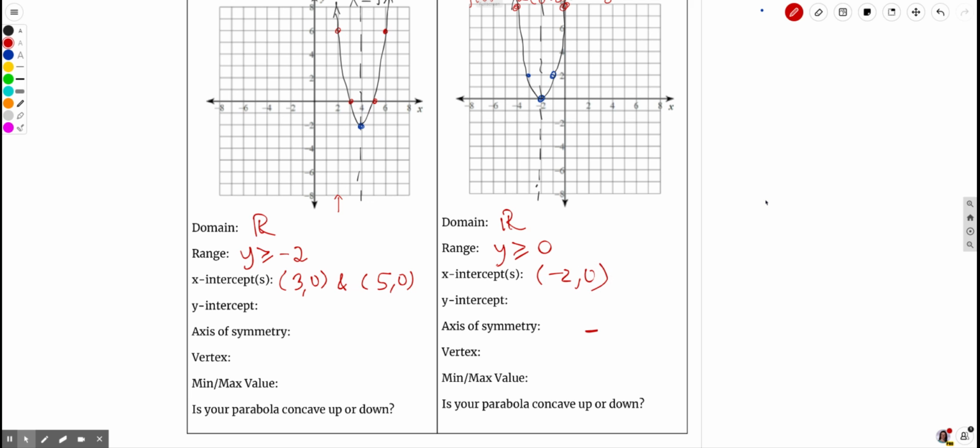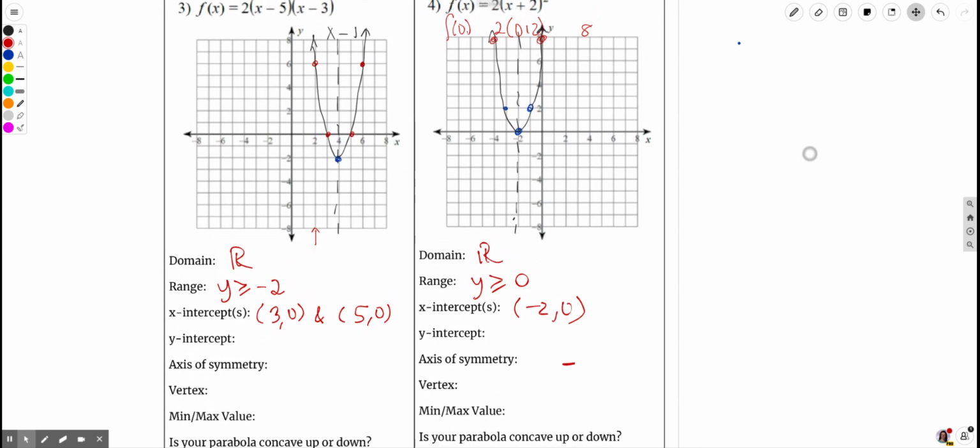For the y-intercept, if we don't see it on the graph, that just means we have to do a little bit of work. So that means we are going to substitute in a 0 for the x value into our equation. So we get 2(0 minus 5)(0 minus 3). Well, 0 minus 5 is just -5, and 0 minus 3 is -3.